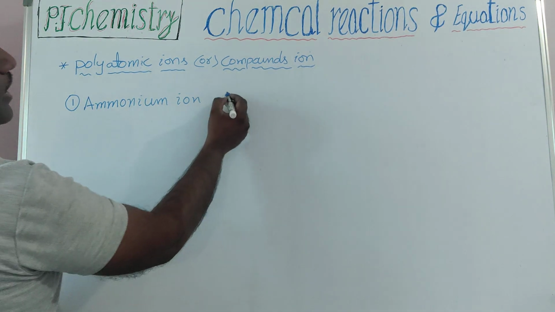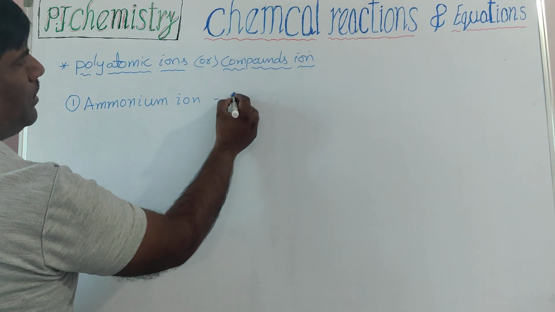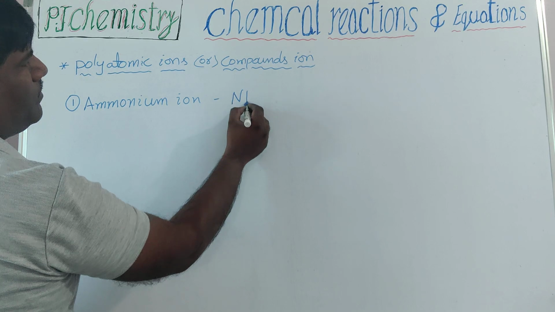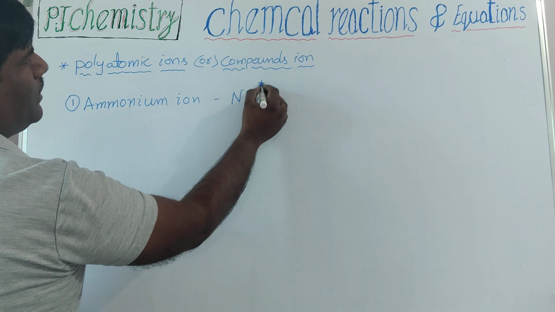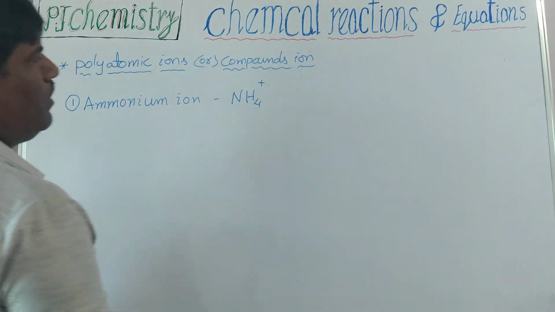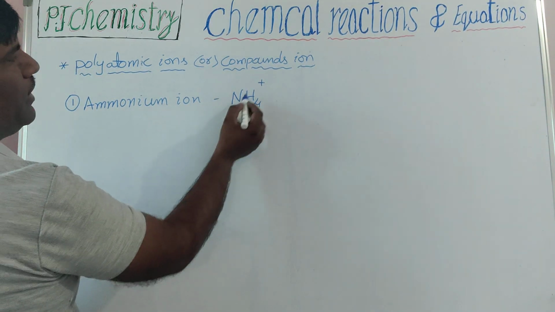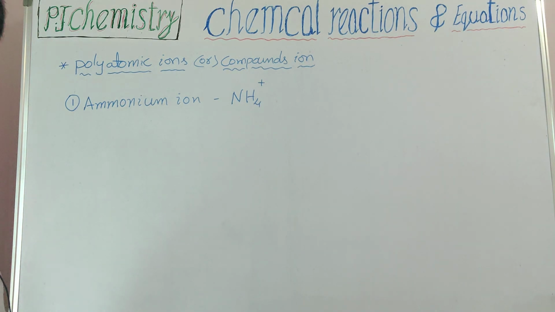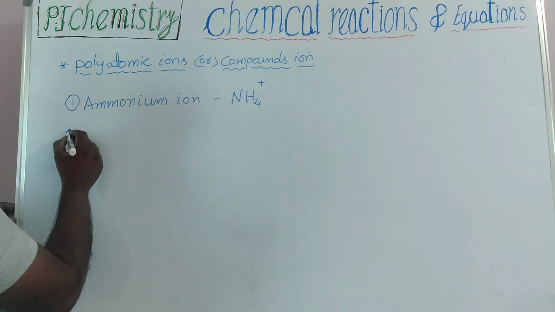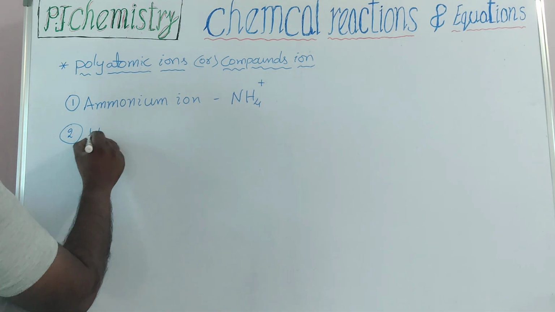Ammonium ion means NH4 plus. Yes, the number of atoms as well as the charge you should compulsorily remember. Ammonium ion NH4 plus is nothing but plus 1 or 1 plus. Next, hydroxide ion.